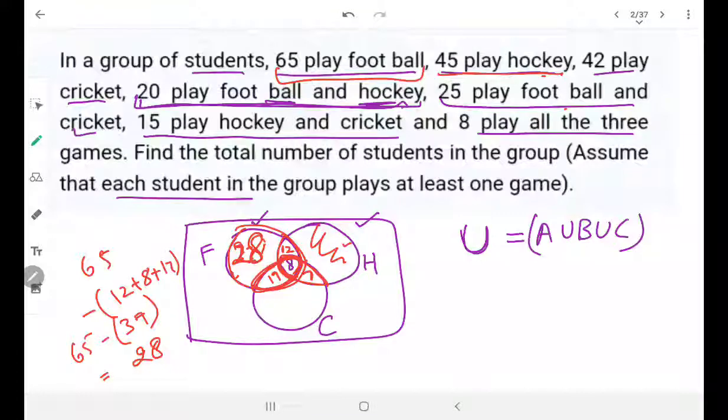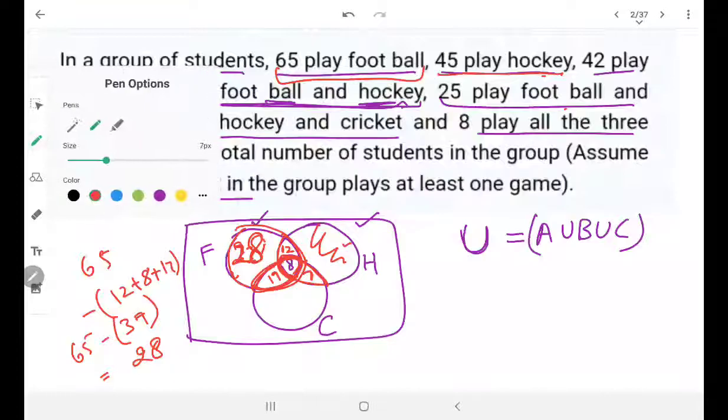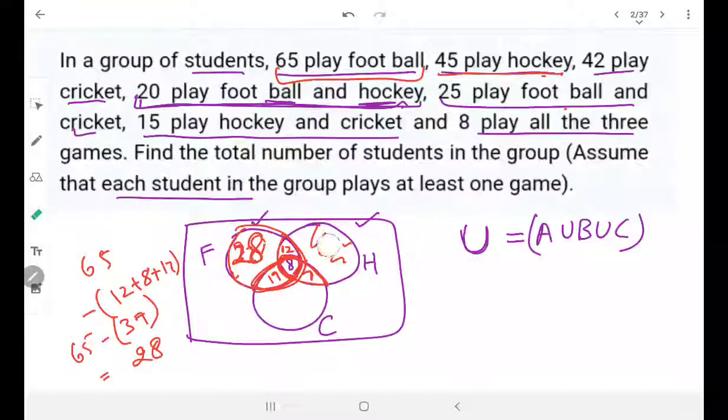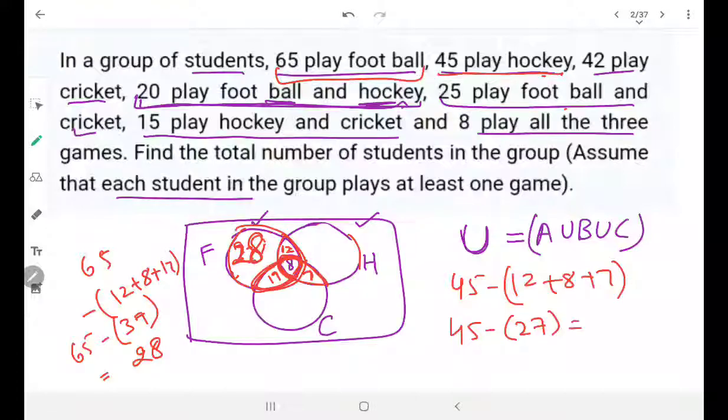Those 45 play hockey, not only hockey. So again you have to do the same thing. You have to subtract this 12, 8 and 7 from hockey. So 45 minus 12 plus 8 plus 7. So it is 45 minus 27, 18.